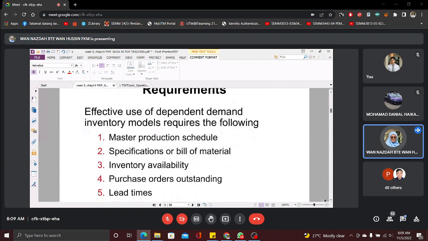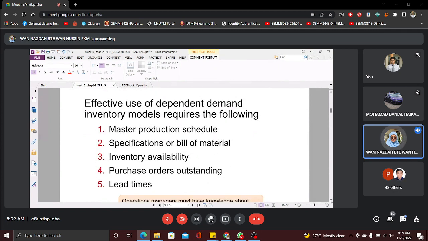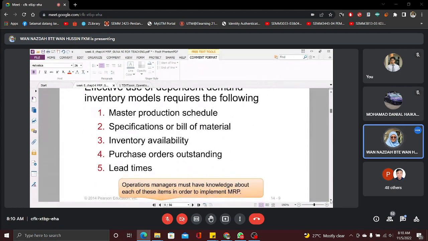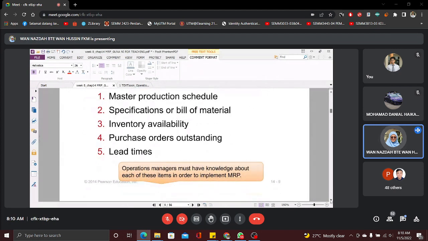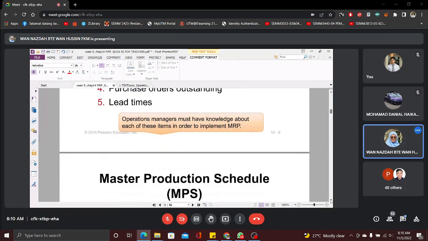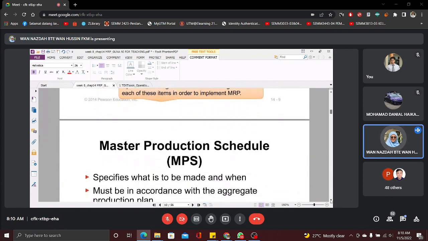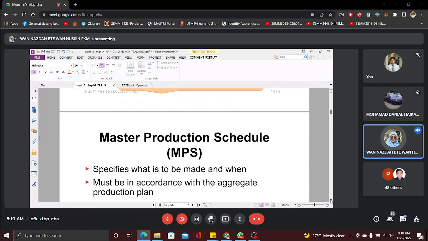So before you will be able to construct the MRP, there are a few elements that you need to accomplish. All right, first thing first is the master production schedule. For every company, they must have a master production schedule, and this master production schedule specifies what is to be made and when.